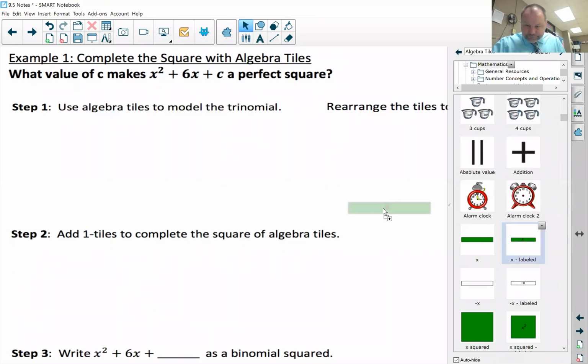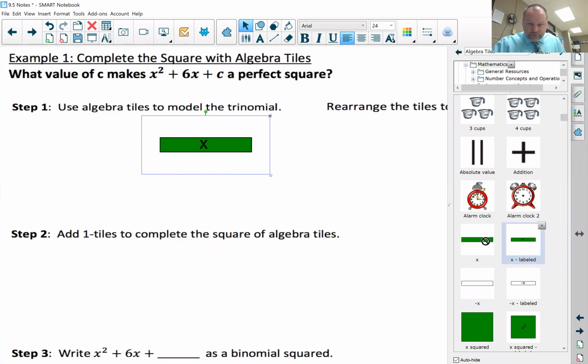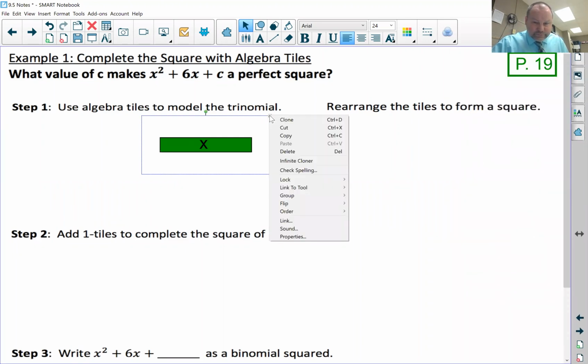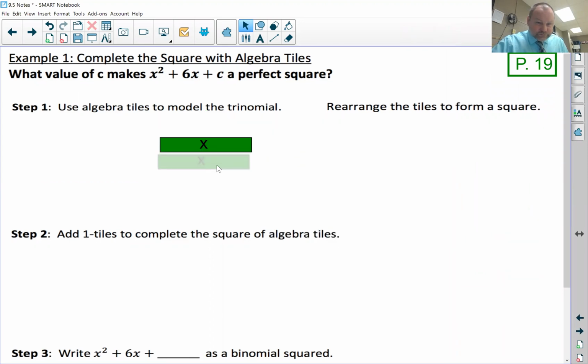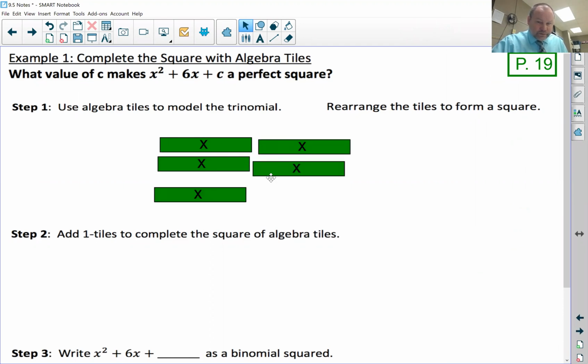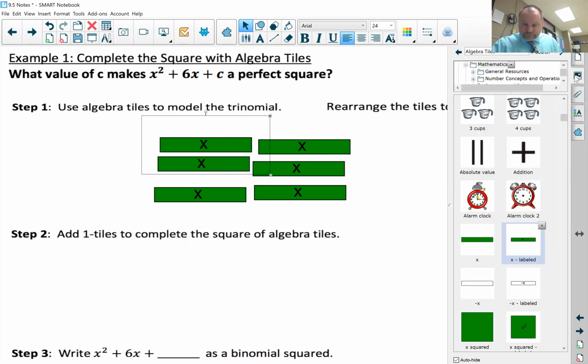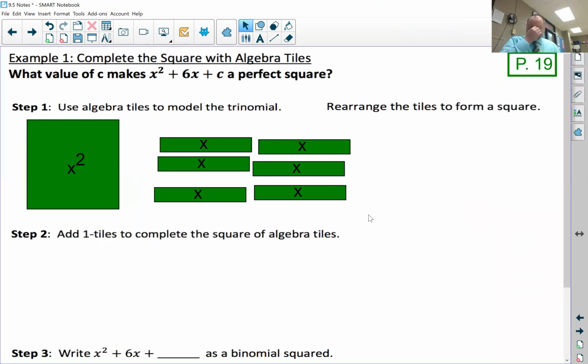All right. So, x squared plus 6x plus c, and we want to make a perfect square trinomial.